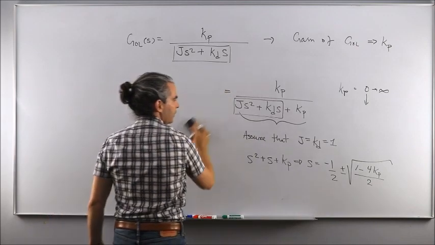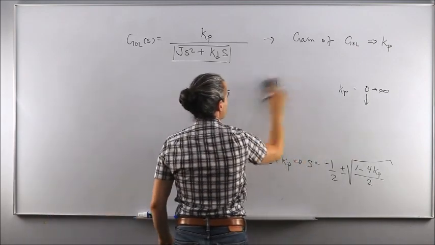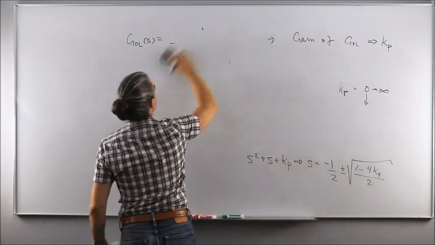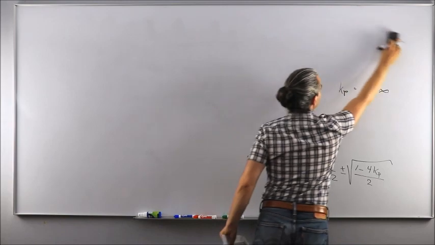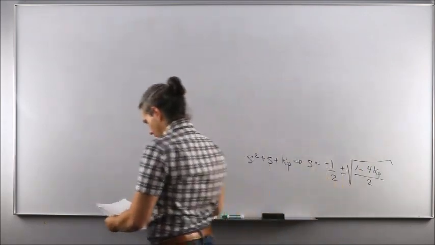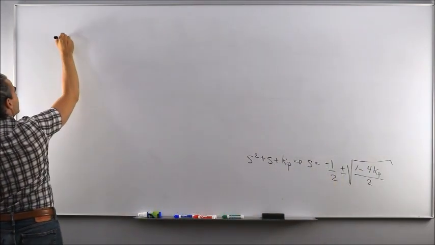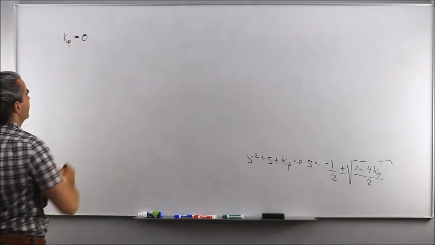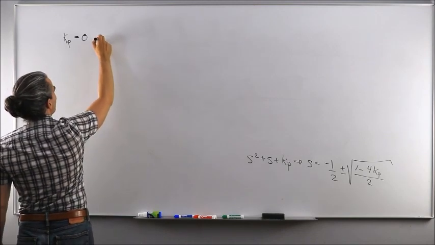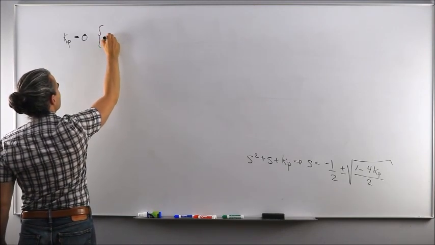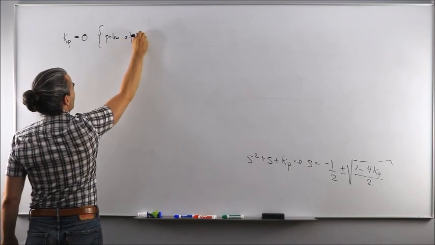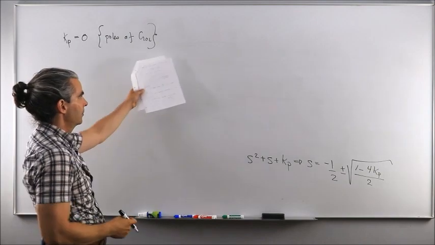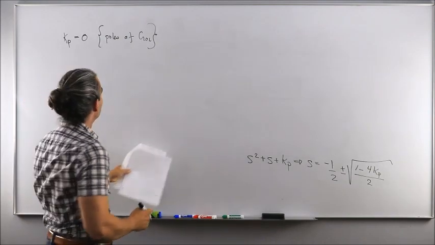So let's have a more detailed look at the pole locations here. And specifically, let's have a look at what would happen if Kp is equal to 0. Well, if Kp is equal to 0, what you're essentially calculating is the poles of the open loop transfer function, as I just mentioned and demonstrated by comparing G open loop with G closed loop. Okay?